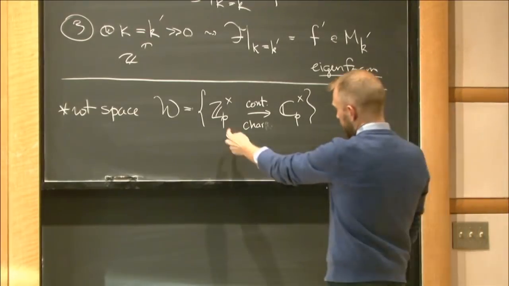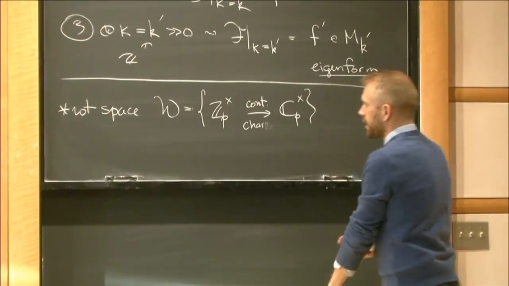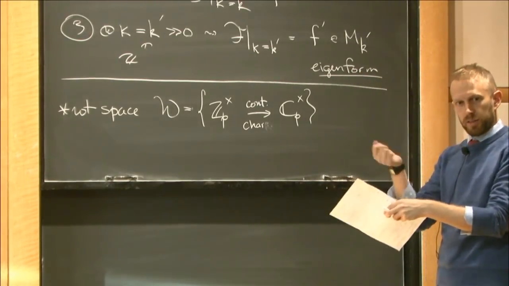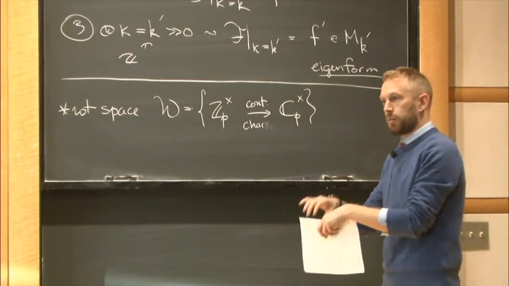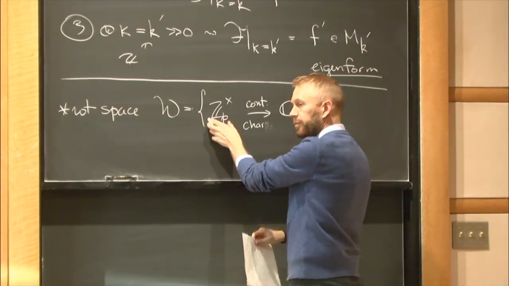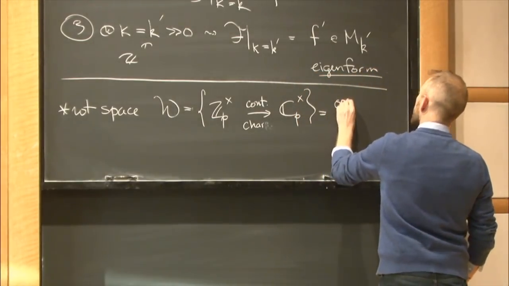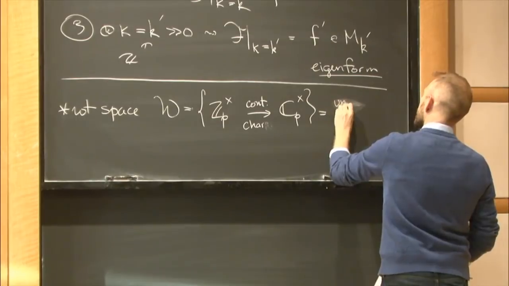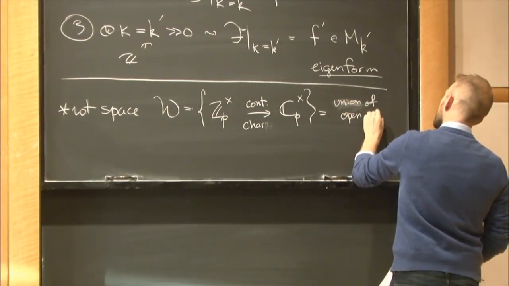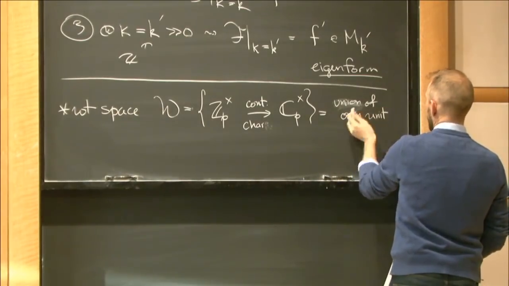Now, Z_p cross is a finite group times a procyclic group. And so a continuous character is determined by a discrete parameter, the action on the torsion part of the group, and a continuous parameter depending on a topological generator for the procyclic part. Okay? And what that means is that this is just a union of open unit p-adic disks.